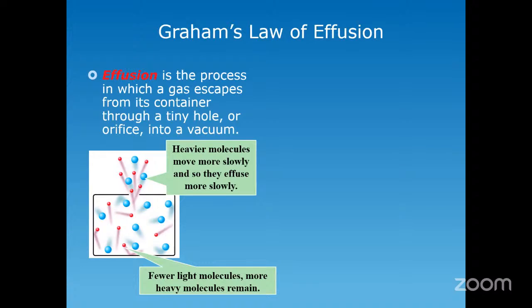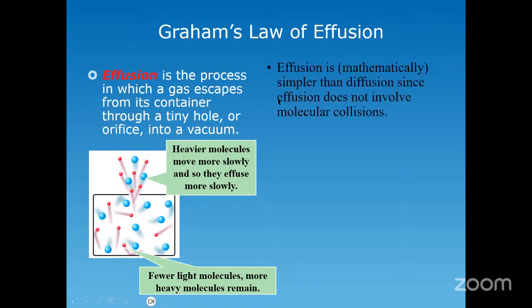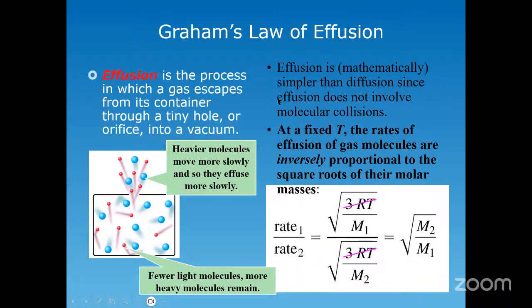In fact, based on that equation, we have what is known as Graham's law of effusion. See, I'm even confusing them. Basically what this law says is that at a fixed temperature, the rate of effusion of gas molecules is inversely proportional to the square root of their molar masses, right? And that is based on the equation that we met earlier.